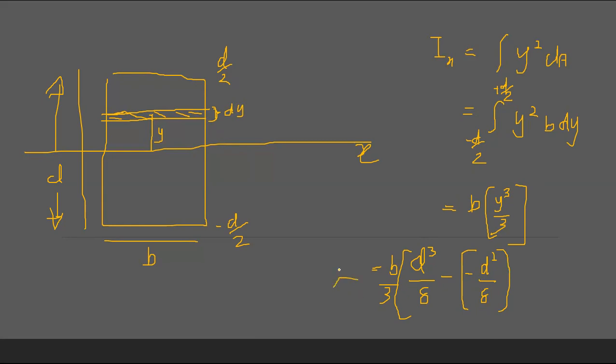So this is going to be plus, d cubed over 4, so that's going to be bd cubed over 12. Ix is going to be bd cubed over 12.